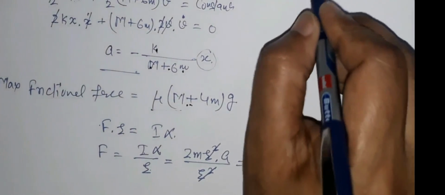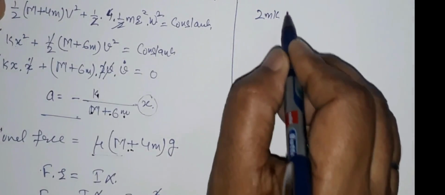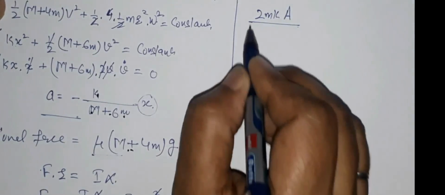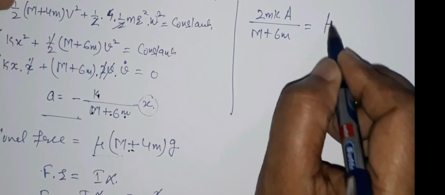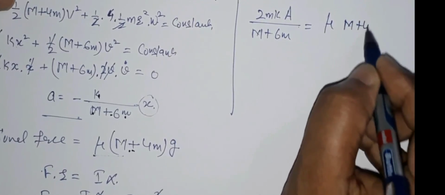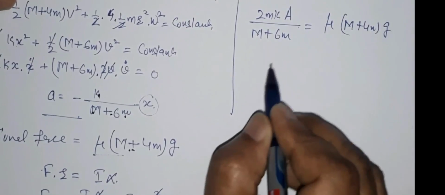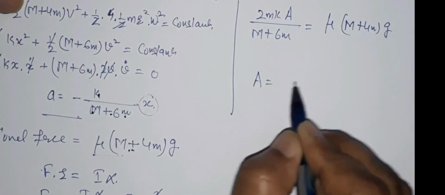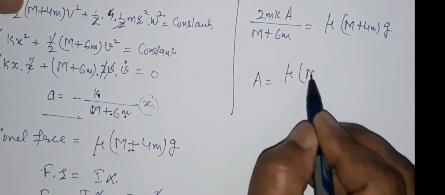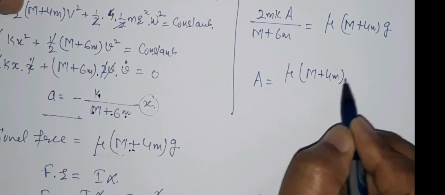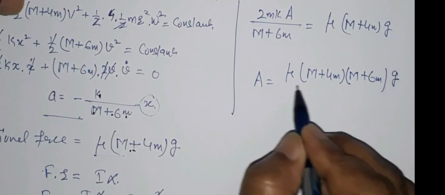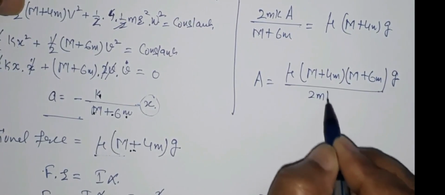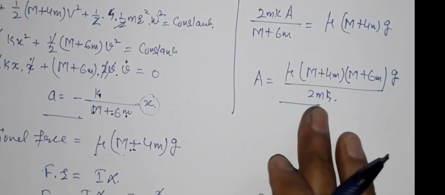Therefore we get here 2m k a upon m plus 6m is equal to mu into m plus 4m into g, or maximum amplitude is equal to mu into m plus 4m, m plus 6m, g upon 2mk. So this is the maximum amplitude.